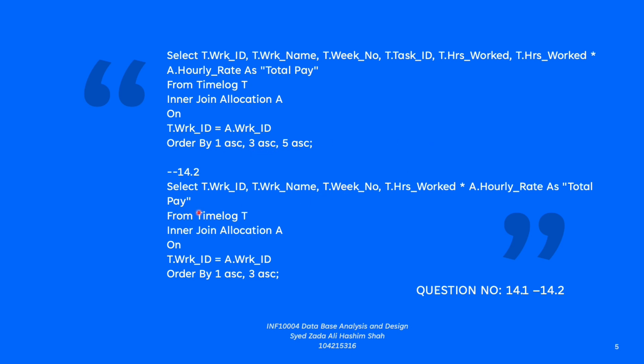For 14.2, select T.worker ID, T.worker name, T.week number, T.hours, all multiplied by the pay rate as total pay, from T, as an inner join on T.worker ID and A.worker ID, ordered by 1 and 3 in ascending order.